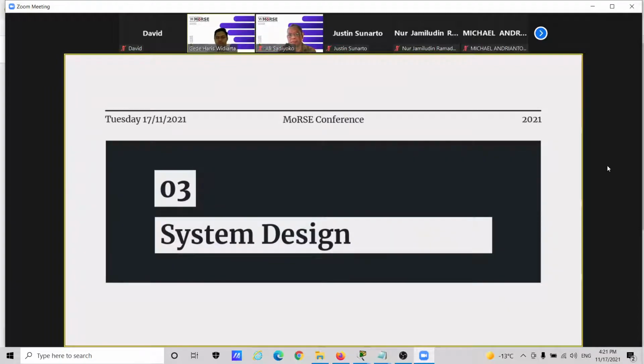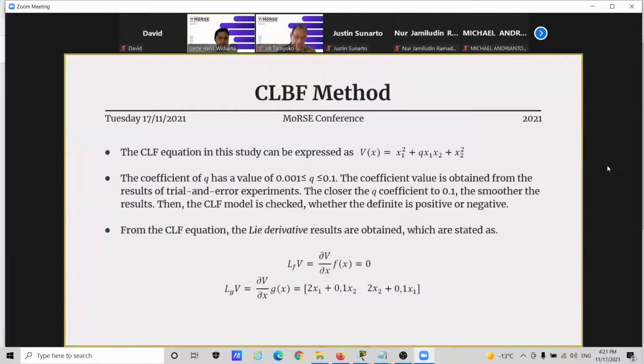Okay, the next part is the system design. We begin with the CLF equation. The CLF equation in this study can be expressed as V(x) equals x1 squared plus q multiplied by x1 and x2 plus x2 squared.